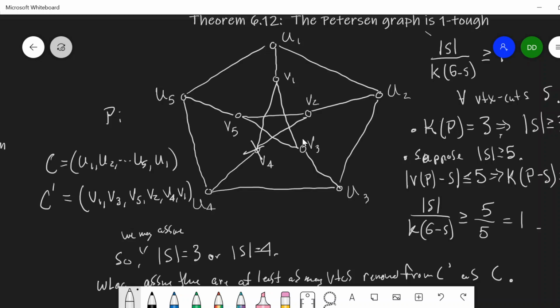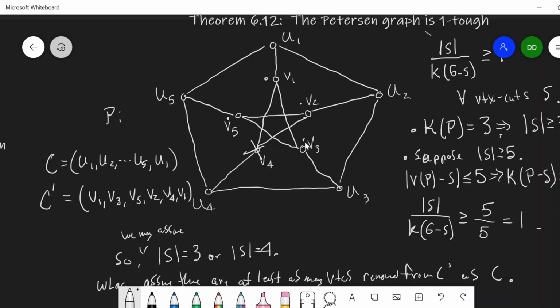And then I'm removing at most 3 vertices from the outside cycle. So look at these leftover 4 vertices. And if I'm only removing 3 vertices from the outside cycle, one of the vertices that isn't removed is adjacent to that component from the inside, these remaining 4 vertices.